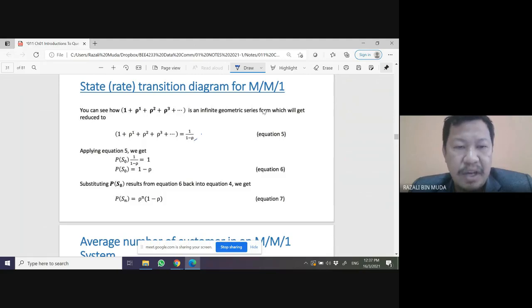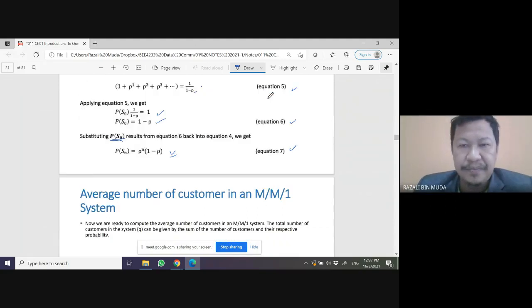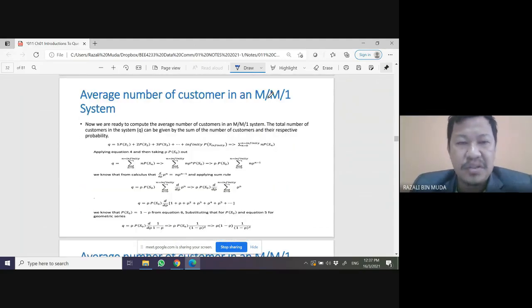Applying equation 5, we get this one. Substituting P0 from equation 6 back into equation 4, we get this one. Equation 5, equation 6, equation 7. So this is a more complex equation.